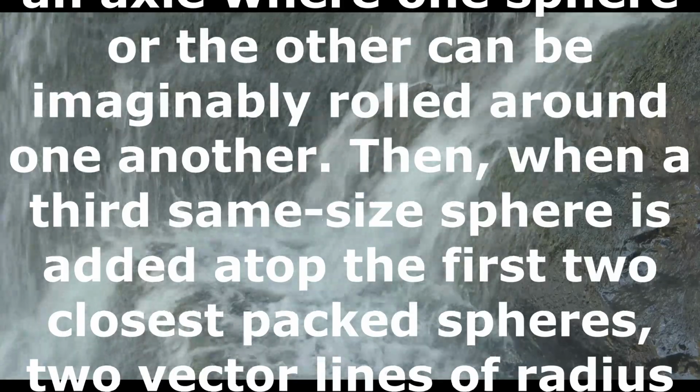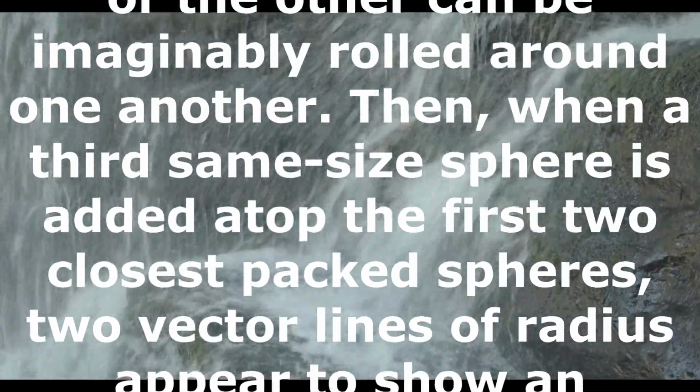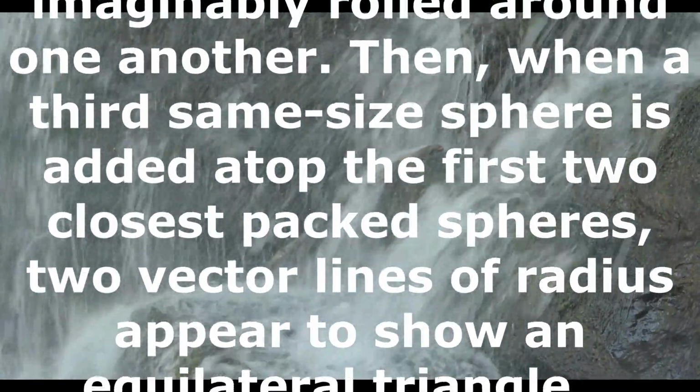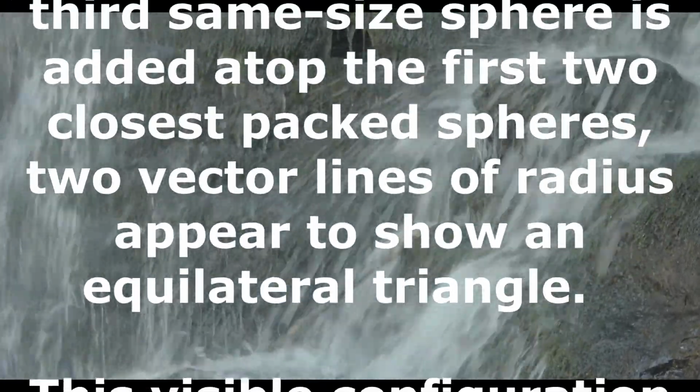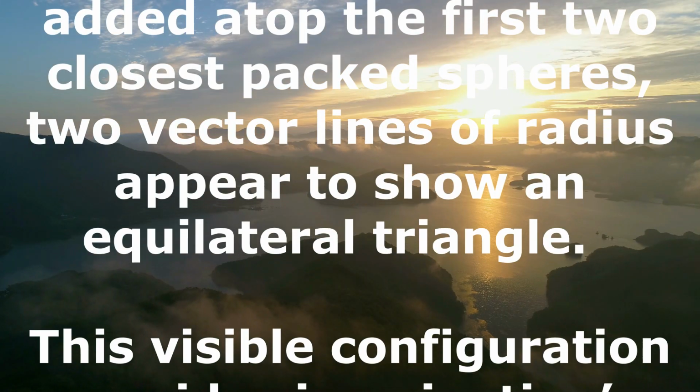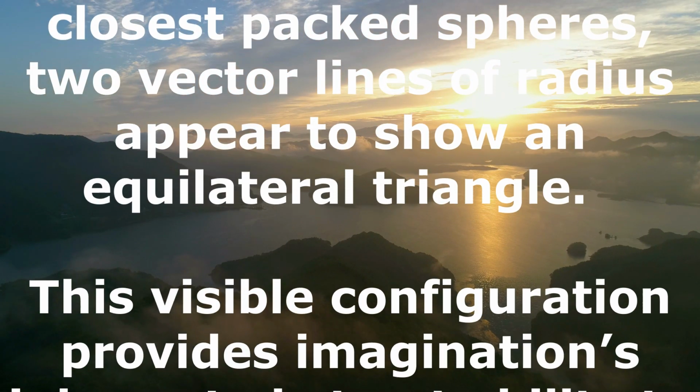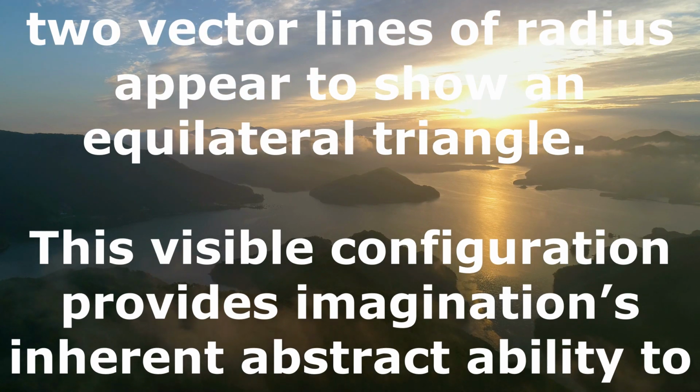Then, when a third same-size sphere is added atop the first 2 closest packed spheres, 2 vector lines of radius appear to show an equilateral triangle.